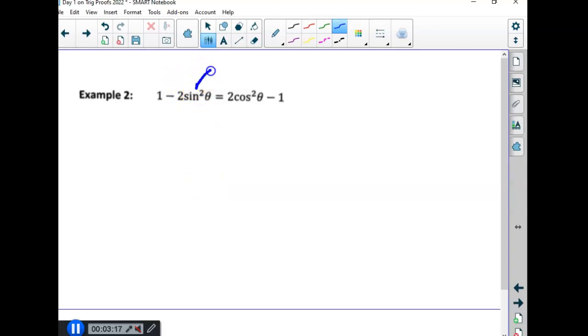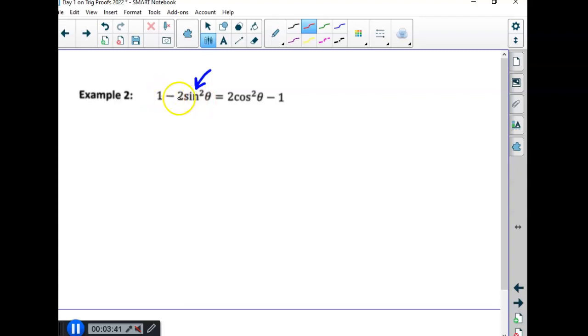What could we trade for a sine squared that would get us to have a cosine squared? They don't want us to have any more sine squareds, so can you look at your trig identities to figure out what trade we could make for sine squared?